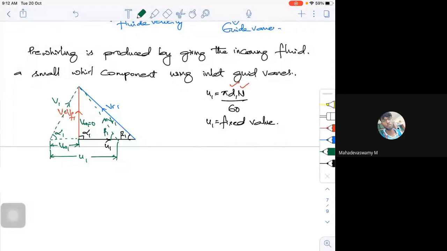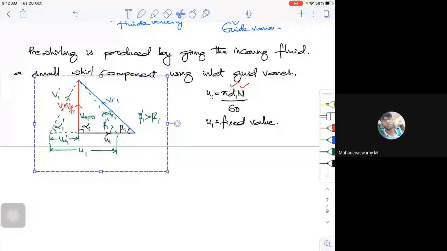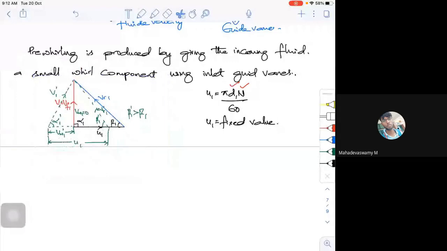If I call this beta 1 dash, then beta 1 dash is greater than beta 1. Let me use dashes to show these are different: the dash represents the new values at the inlet due to pre-whirling.